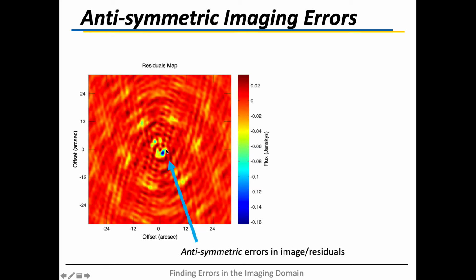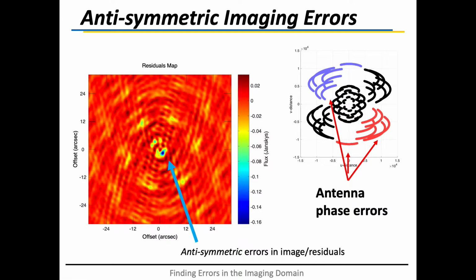And if I just look at the residuals, I can see this much more clearly, where you've got a lot of anti-symmetric features where bright spots on one half of the map correspond to fainter spots on the other half of the map. So what's happening here? In this case, these are antenna phase errors that are producing anti-symmetric features in the map.